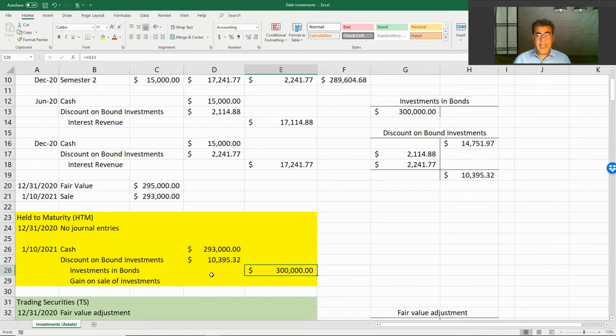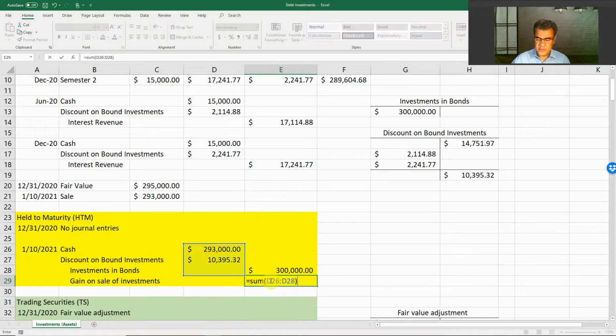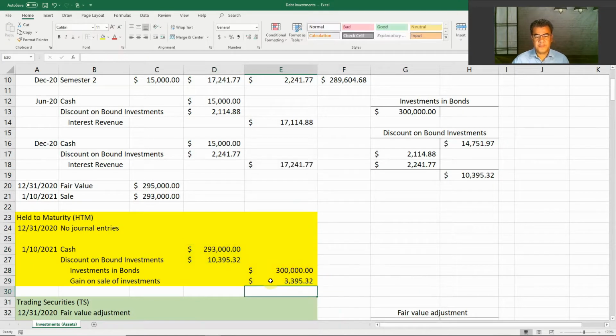So we need to balance with gain or loss. We need a credit to balance it, so we have a gain. How much? Sum of our debits less the sum of our credits. 3,395. Okay, so this is the held to maturity.